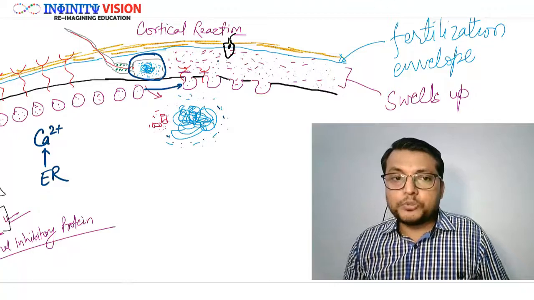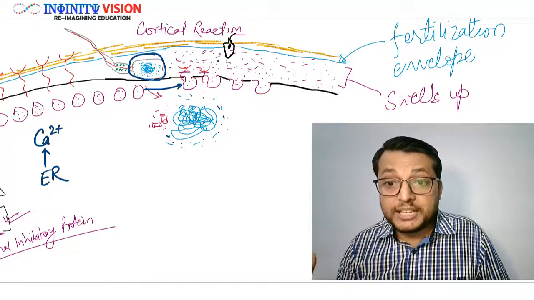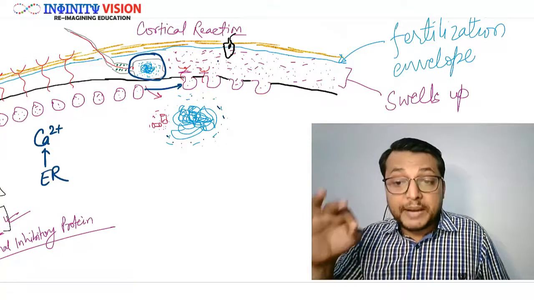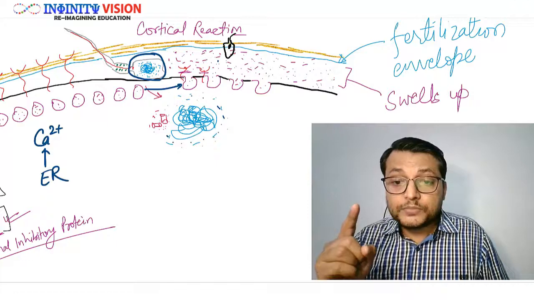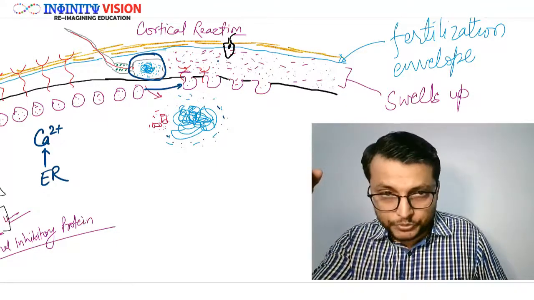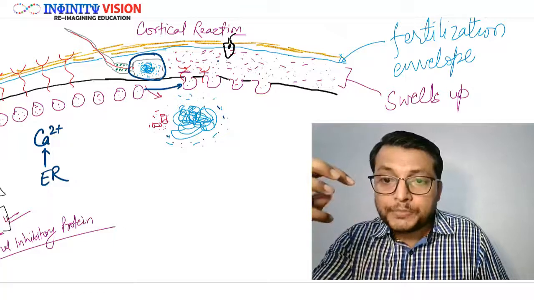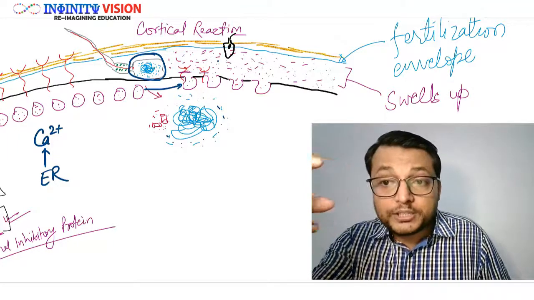So in order to maintain the chromosome number, in order to ensure that only a diploid zygote is formed, it is mandatory to have a single sperm entering into the secondary oocyte, and it is ensured by the acrosomal reaction, by the cortical reaction.